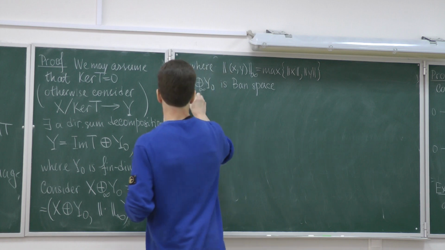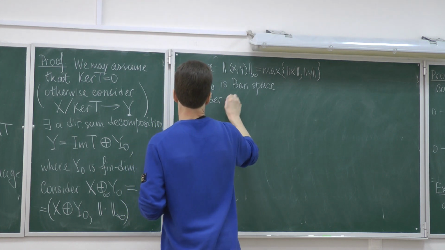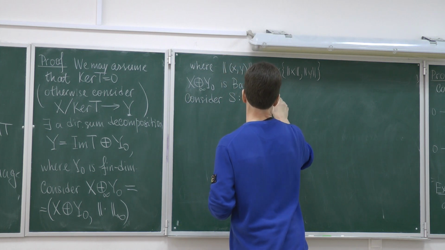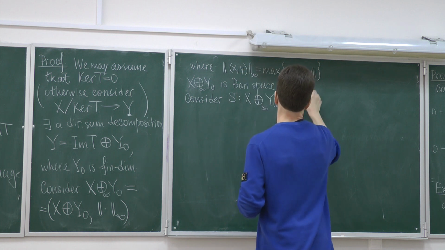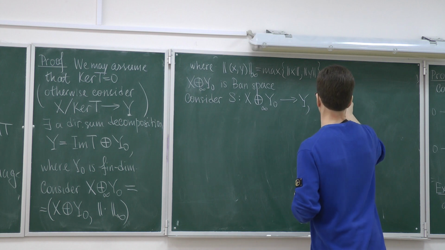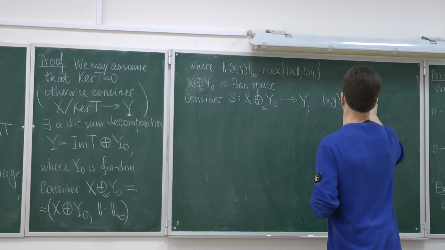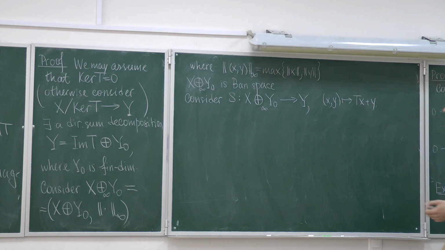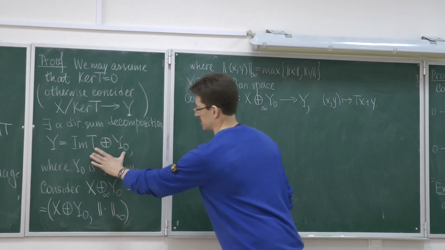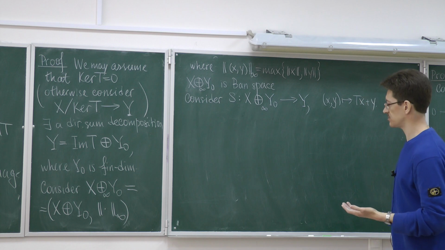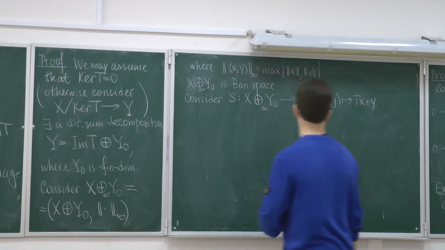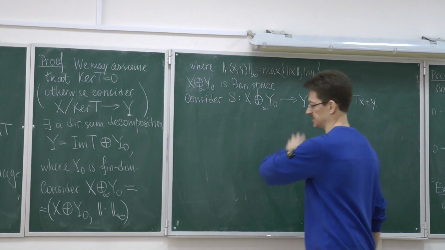Now consider the following operator, denoted by S, which acts from this direct sum of X plus Y0 to Y by the following formula. It takes each pair, little x and little y, to T of x plus y. The kernel of T is trivial, so T is an isomorphism of X onto the image of T. And the identity map is an isomorphism of Y0 onto itself.